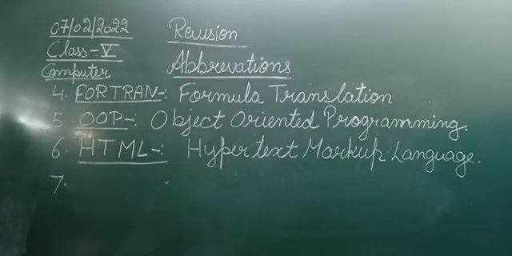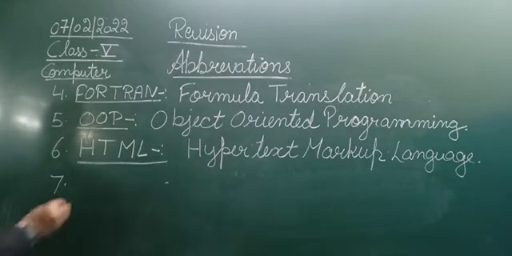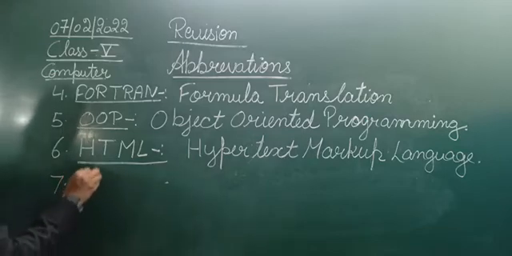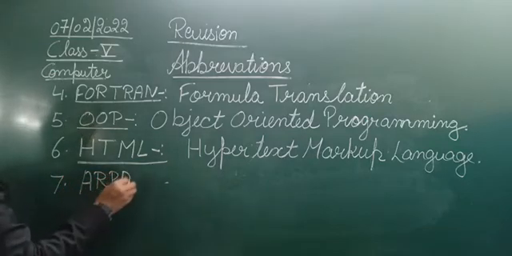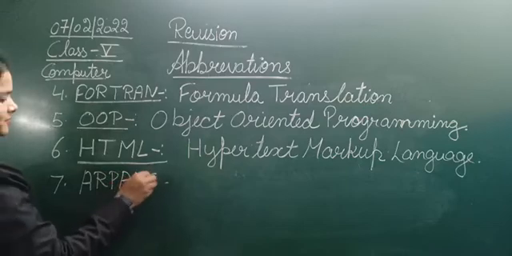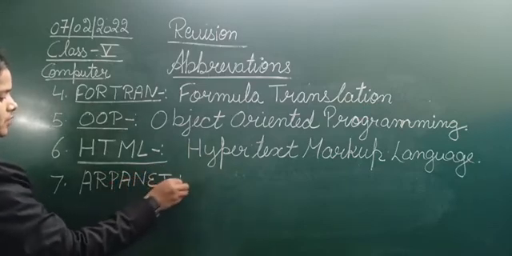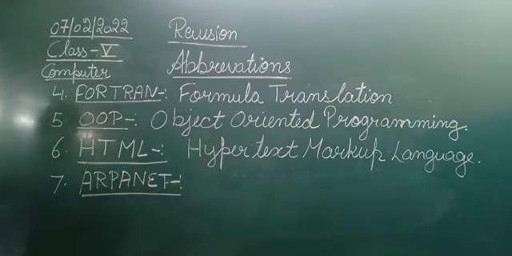Okay, next let's do some more abbreviations. What is the full form of ARPANET? The full form of ARPANET is Advanced Research Projects Agency Network.